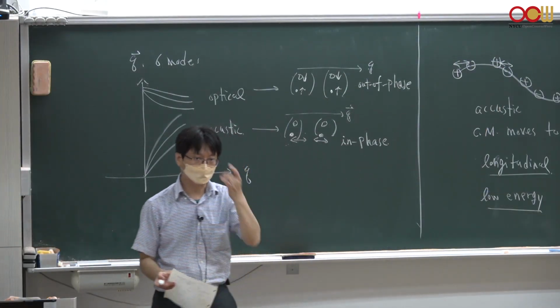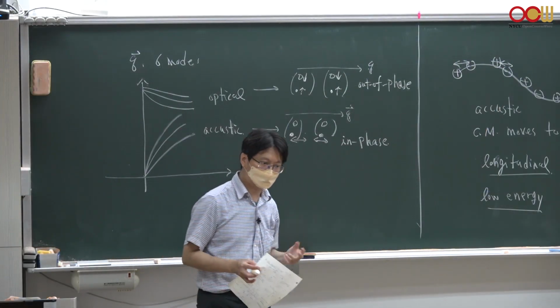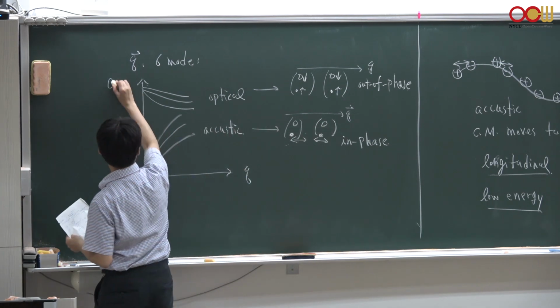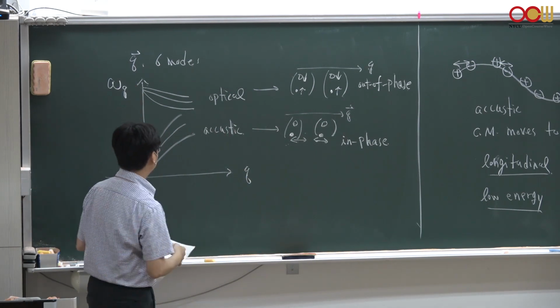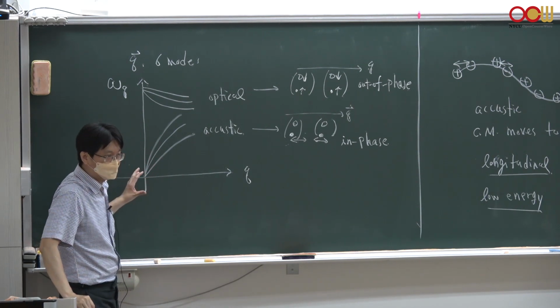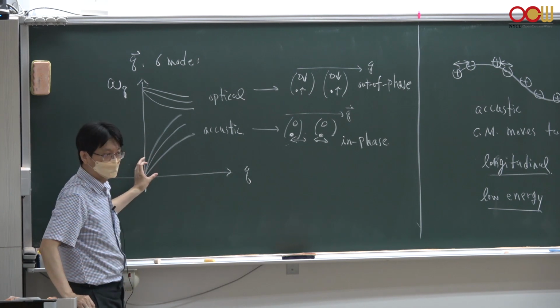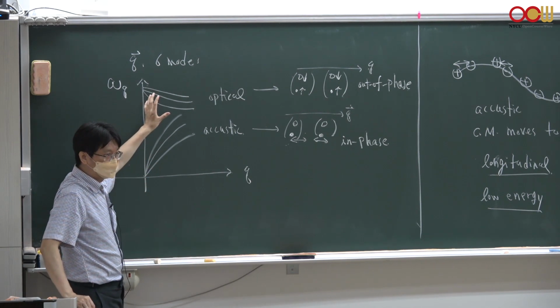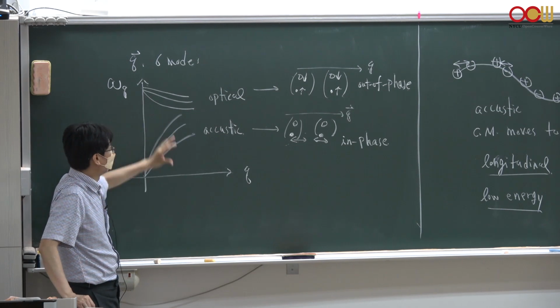Okay, so let's sketch the 6 phonon modes in terms of the dispersion. As I mentioned, there are 3 low energy excitations, and we call them acoustic phonon modes. And there are 3 higher energy excitations, we call the optical phonon modes.